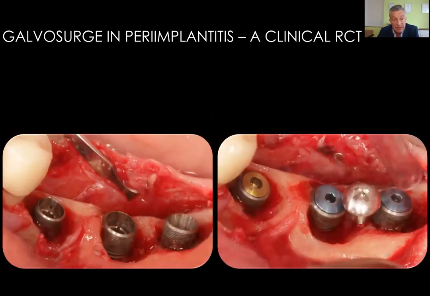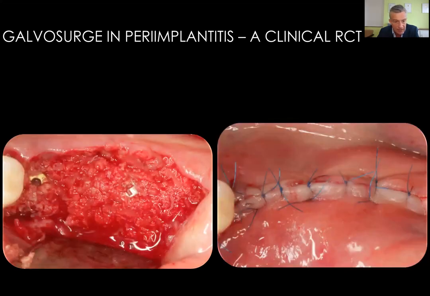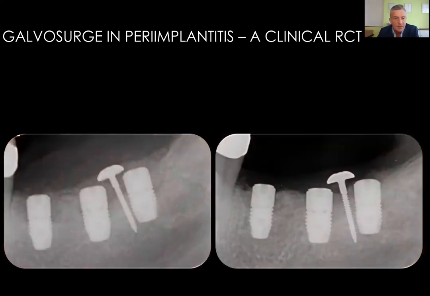Let's come back to this case. Now we have a severe defect. It is non-contained, so we need something on top to maintain volume. I'm a fan of this umbrella technique, which also holds the tissue away and stabilizes the particulated bone substitute underneath. This is the augmented side and the sutured side.